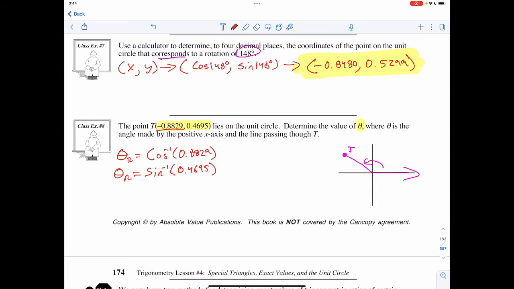Remember, reference angles are always built on the positive versions. Either way, my reference angle to the nearest whole degree is 28 degrees.